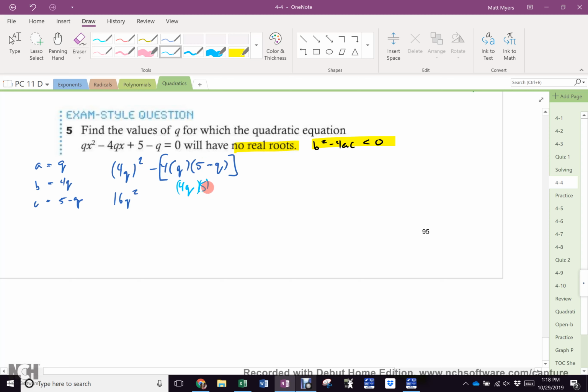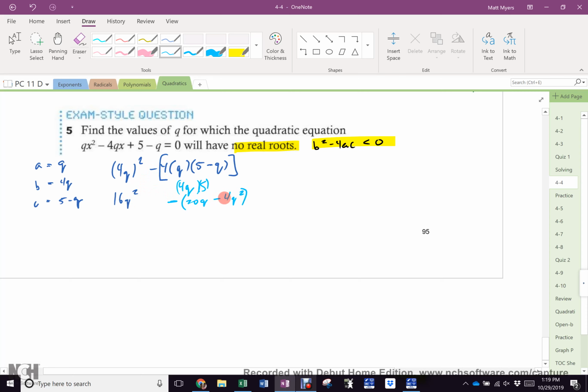Times 5 gets me 20Q minus 4Q squared, because it's 4Q times Q, right? And all of that is subtracted, yes? So 16Q squared minus 4Q squared.